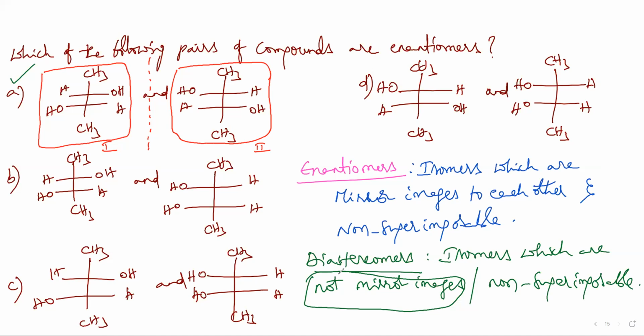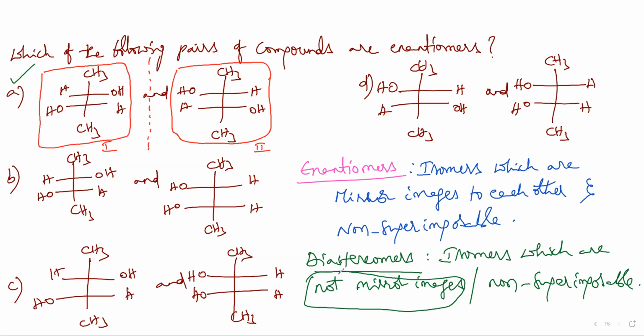Yes, sir. Now in those 4 options, can you find out how many diastereomers are there? Already the first one we found is an enantiomer. Then B, C and D, can you find out whether they are enantiomers or diastereomers? Definitely not enantiomers. Then how many are diastereomers there?